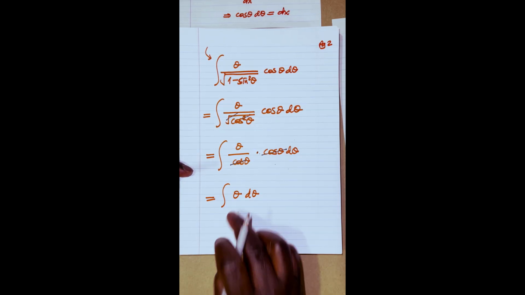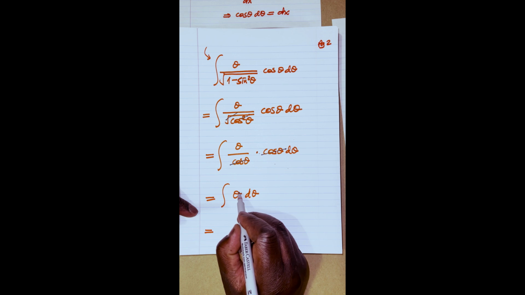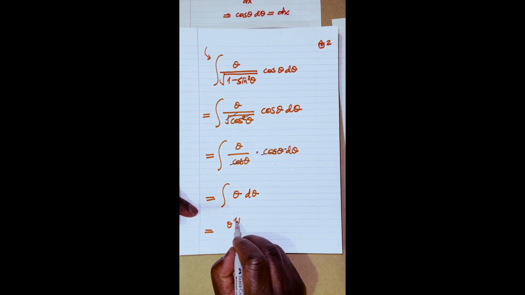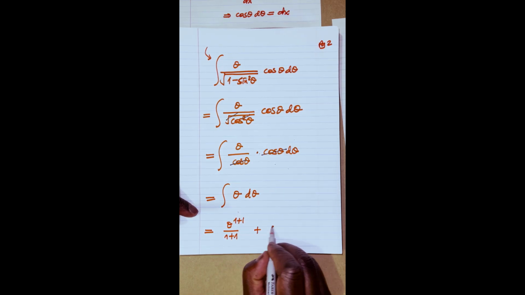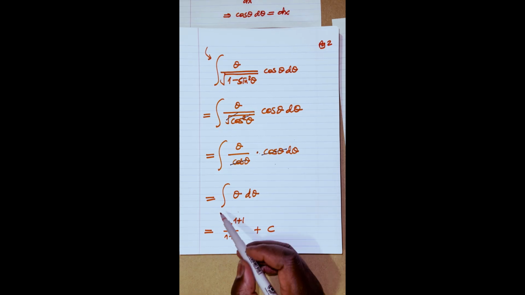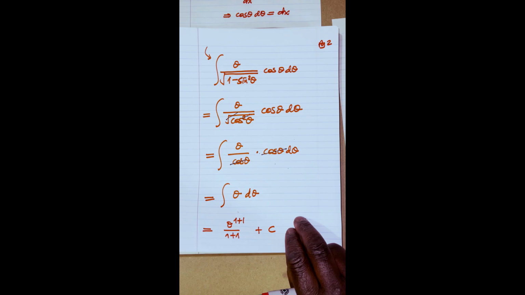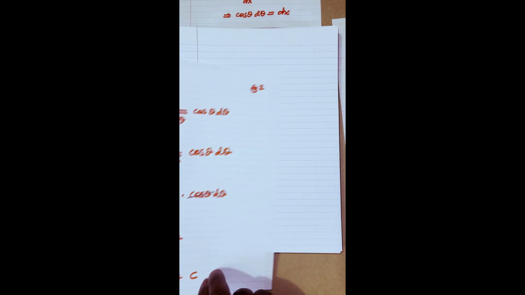Now applying that here, remember there's a power of 1 here, we have to add 1 and divide. So it's going to be theta to the power 1 plus 1 all over 1 plus 1, and then I have to say plus c, because our integral does not have limits. It's an indefinite integral. Completing this on page 3, we have the following information.